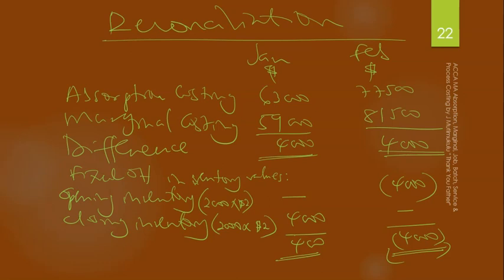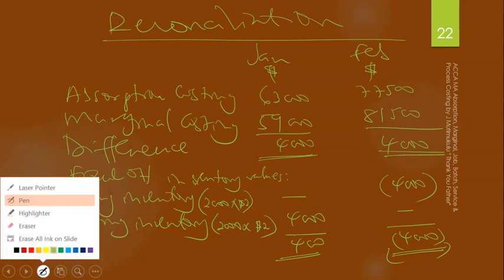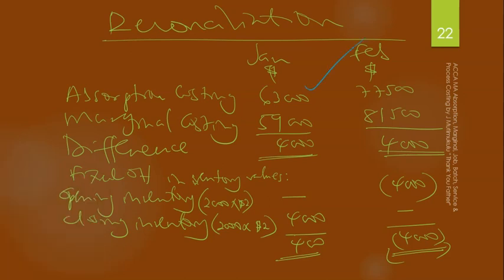So what happens is absorption costing gives us a larger profit figure if we close with inventory. This is why in January, as you can see here, we end up having 63 against the 59 for marginal costing. Why?